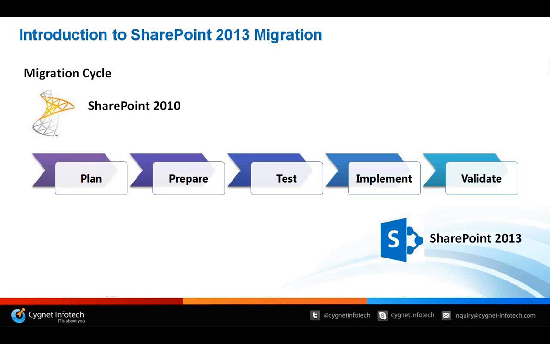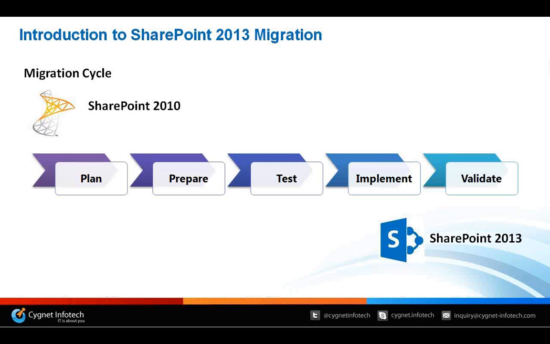Now here, plan and prepare are sequential, but test, implement and validate are iterative in all cases. As per my personal experience with SharePoint migration, test, implement and validate is an iterative process where you test it, implement it, validate it.